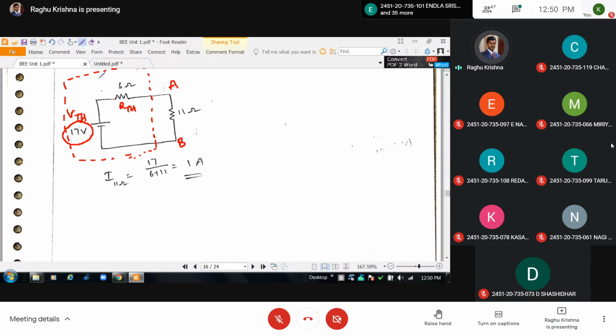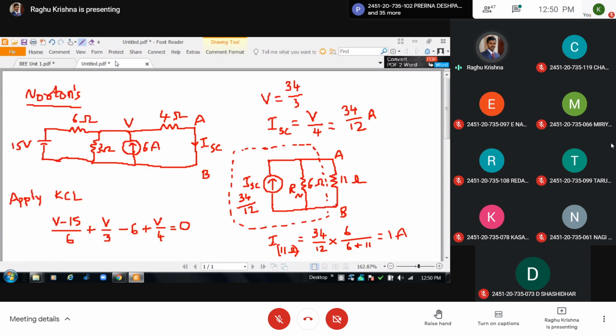Coming to Norton's theorem, the two-terminal network, see the dotted box here, is replaced by a current source in parallel with the resistance RL.